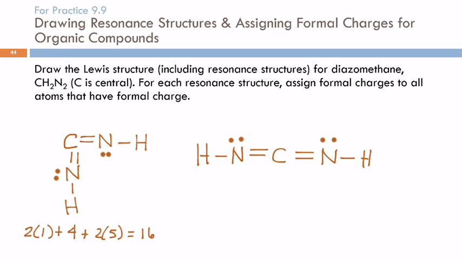Ouch. Okay, doesn't this look like the ozone? Well, actually not the ozone, but doesn't this look like the last one we did with the N2O, where we had two double bonds and then we tried a single bond on one side and a triple bond on the other side? So we could do that.